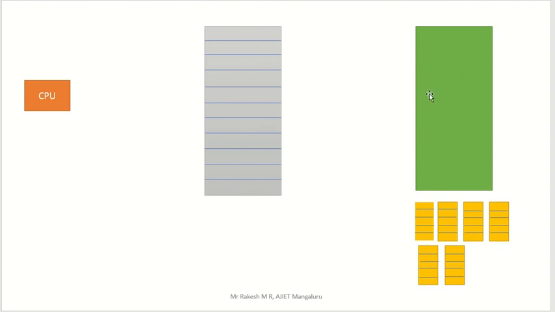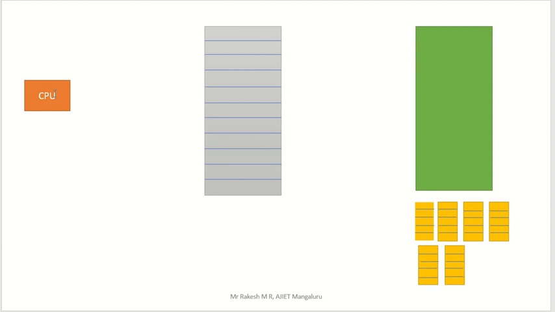Other times they are in secondary memory. Consider process 2, which has 50 pages. Out of 50 pages, initially we are loading only 3 pages to main memory. The remaining 47 pages are in secondary memory itself.